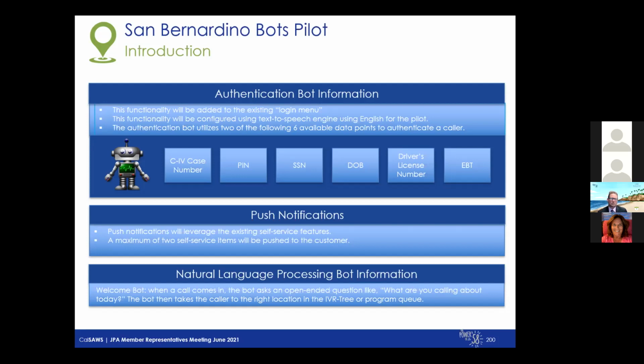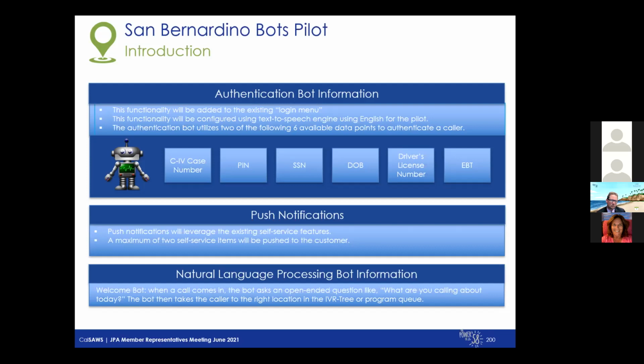So we're having the bot ask these questions. We do not ask all of the questions if we get enough information to authenticate them prior to going through the exhaustive list. But the overall goal here is to authenticate them with this methodology and take that workload off of the end agent.